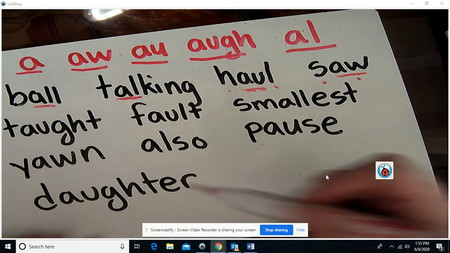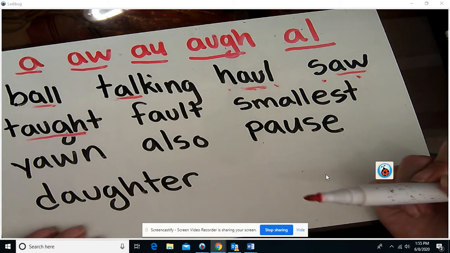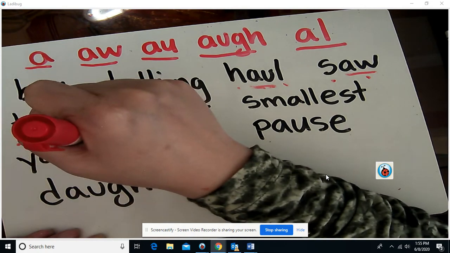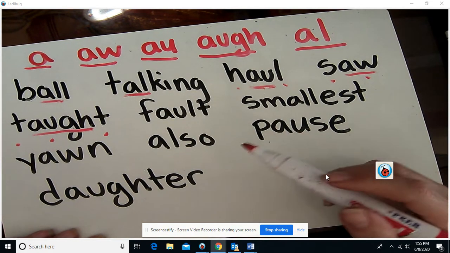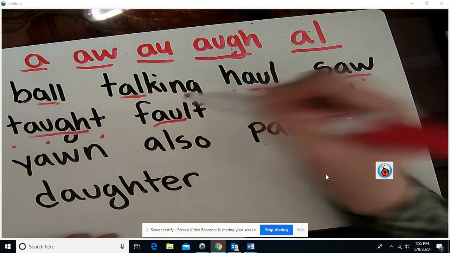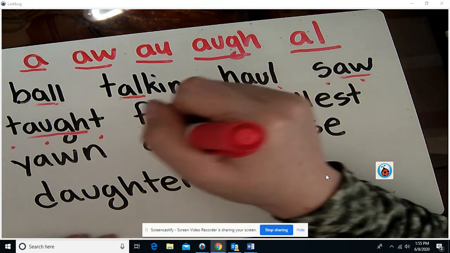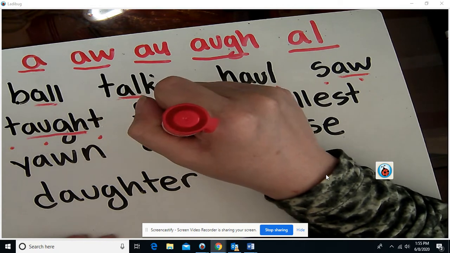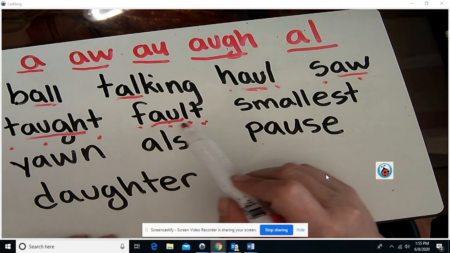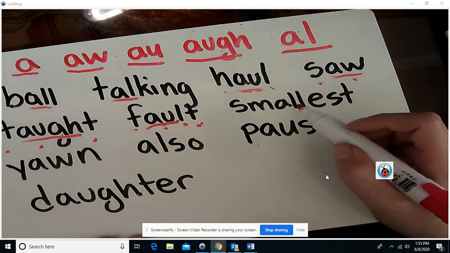Taught, okay, AUGH sounds like ah, so we have three sounds, taught. Okay, fault, AU sounds like ah, so we have four sounds there, fault. And then we have smallest.